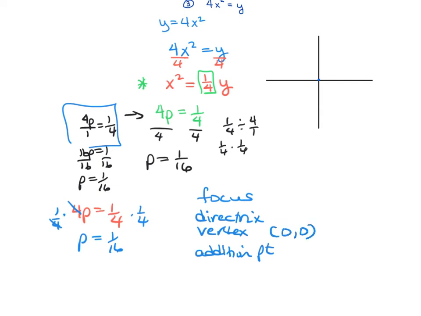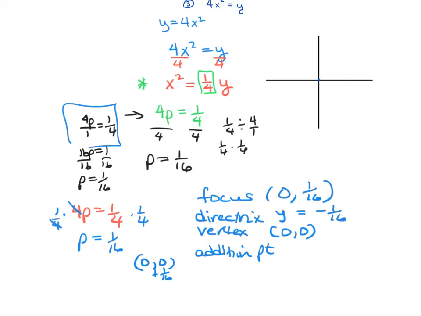We could also figure out our focus point. Because our graph, we've got an x squared, we know it's opening up and down. We're going to add the p-value to the y of the vertex. So here's my vertex. If I add 1/16 to the y, my new focus point is 0, 1/16. The directrix, remember, it's an equation and it's opposite of p.